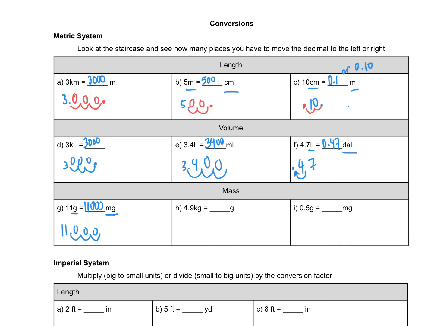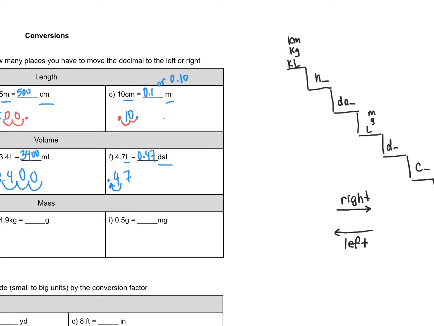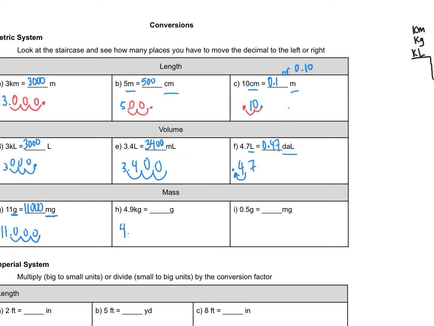Okay, next we're going to go from kilograms to grams. Kilograms are here, grams are here. 1, 2, 3 steps to the right. So I'll take this 4.9, 1, 2, 3. Add in your zeros, 4,900.